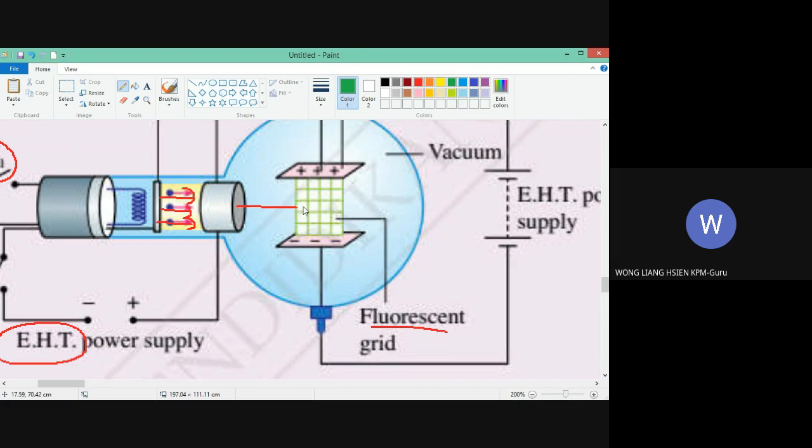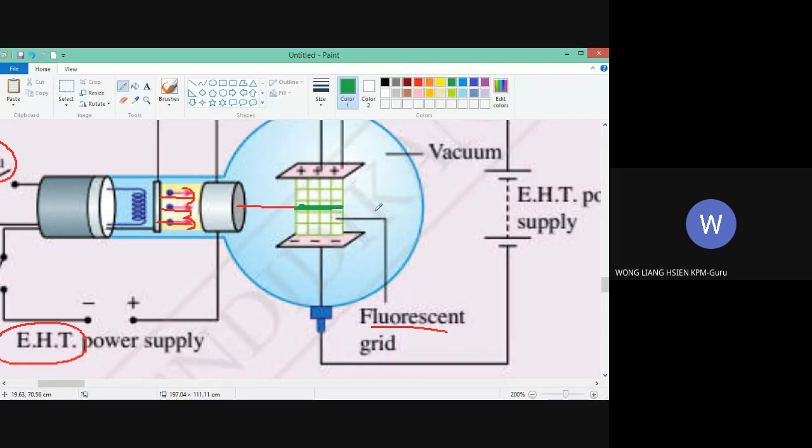A green line will be produced. This line shows the place that is hit by the electrons. Can you see or not? So when you turn on the electron gun, the electrons fly out, and you can see a green line drawn on the fluorescent grid.